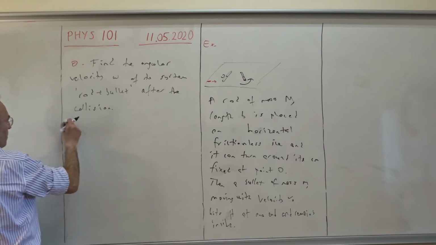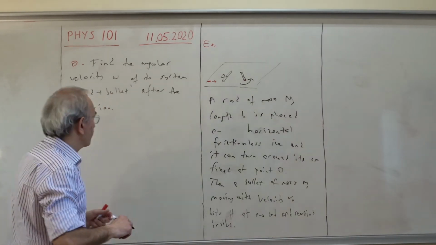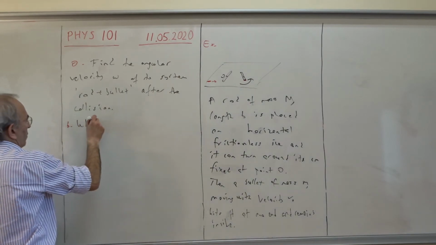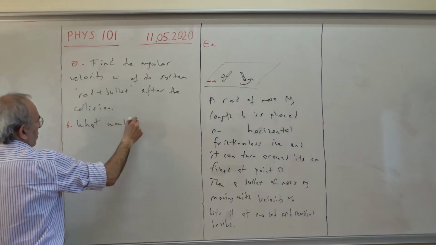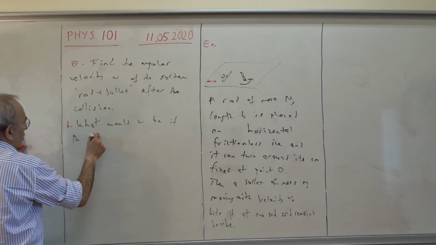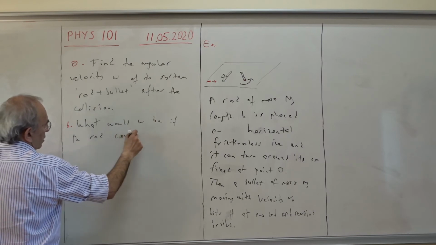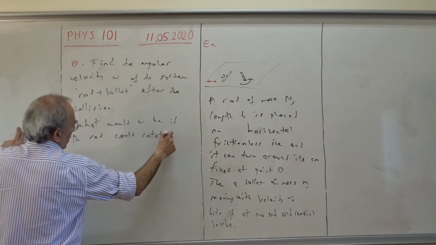Part B. What would omega be if the rod could rotate around the other end?